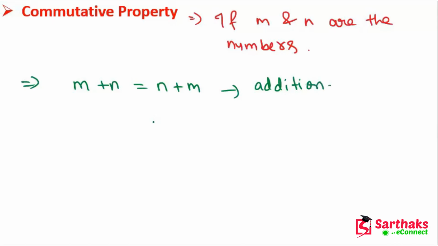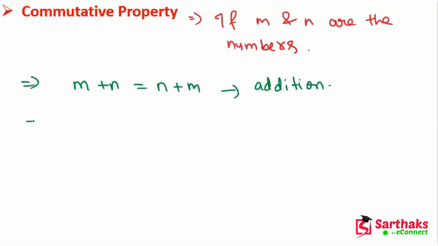So commutative property for addition is that if we add m plus n or n plus m, the result will always be the same.